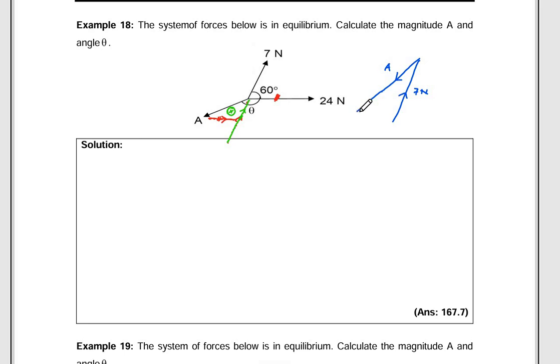Dan saya ada satu lagi 24. So, sini dapat 24. Okay, dia punya direction sama. Dan dia form complete triangle, which is you start from A, go to 24, go to 7. Okay, no opposite direction. Okay, so tugas kita seterusnya, kita nak tahu dia punya angle.